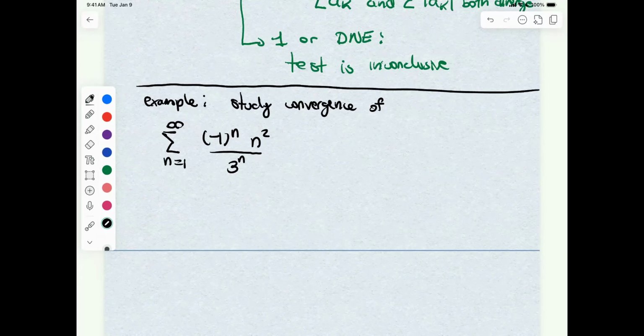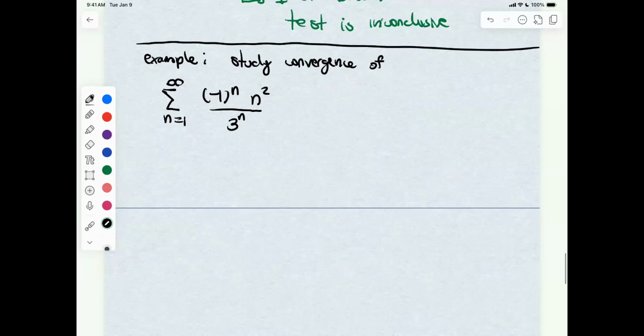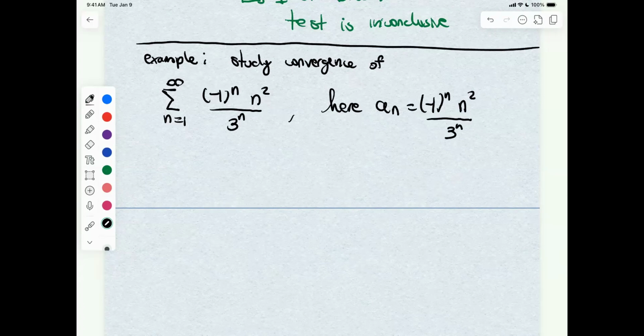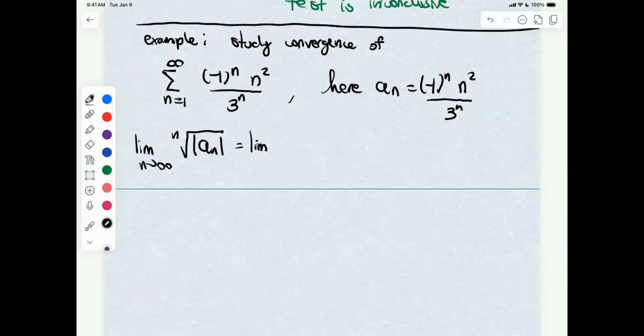So you call a sub n the nth term, and then you consider the limit as n goes to infinity of the nth root of the absolute value of a sub n. And again, once you take absolute values, you can forget the negative one to the n, so you just get this.